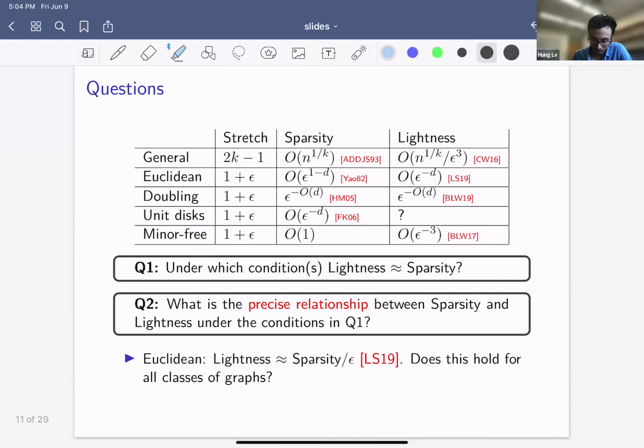So, for example, in Euclidean, we know that the lightness is approximately sparsity over epsilon. Here, if we look at the Euclidean spanner, lightness is epsilon to the minus d, and sparsity is 1 over epsilon to the 1 minus d. So lightness is roughly sparsity over epsilon. So the question is, does this hold for all classes of graphs?